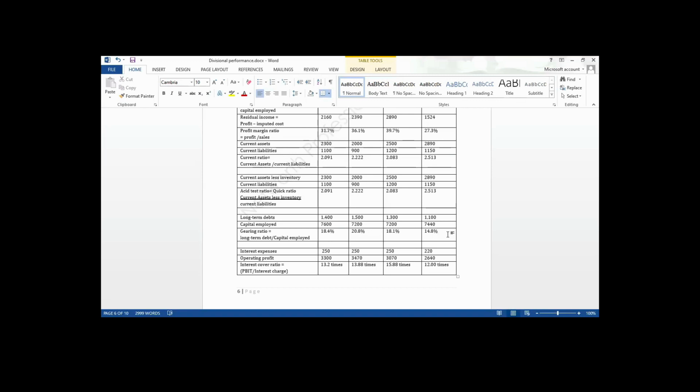Then the last aspect says interest cover ratio. What is interest cover ratio? How do we calculate interest cover ratio? In case you are writing down, interest cover ratio is the number of times operating profit covers interest expense.